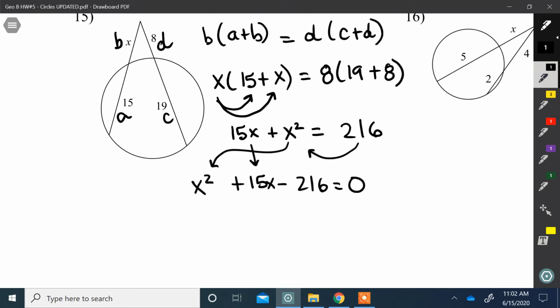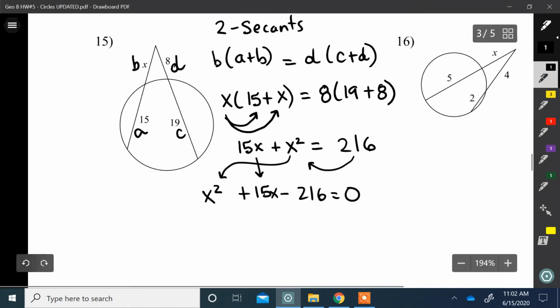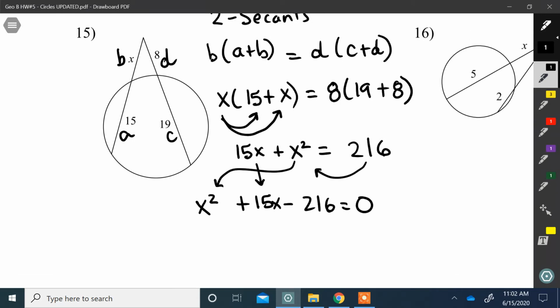So we have a quadratic equation right there. And usually, guys, when we do this, we use factoring. What I want you to do, though, for this round, because I don't want you to expend so much time on the algebra, is use a calculator or a quadratic formula calculator.